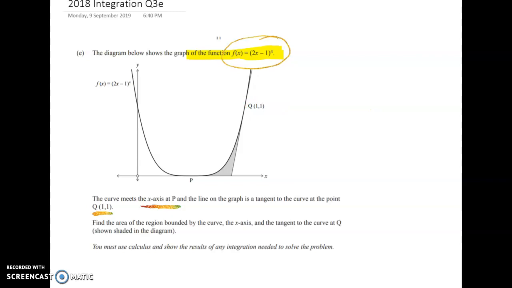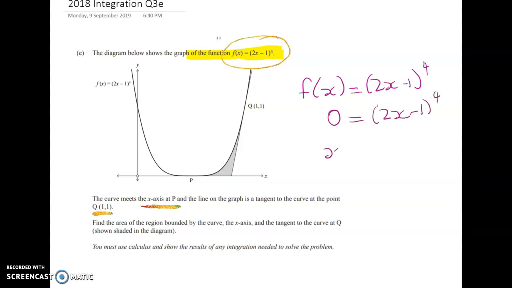So point P is the easiest one to do. We've got f of x is equal to (2x minus 1) to the power of 4, and we want to figure out where that equals 0. So that gives us x is equal to 1/2.